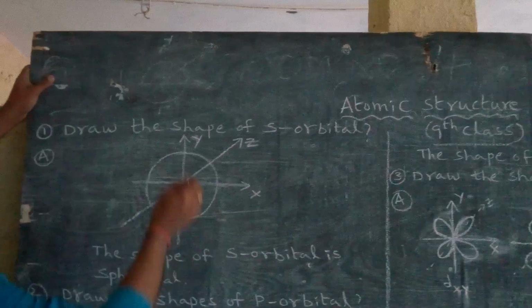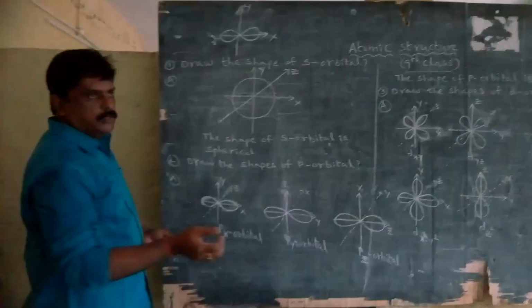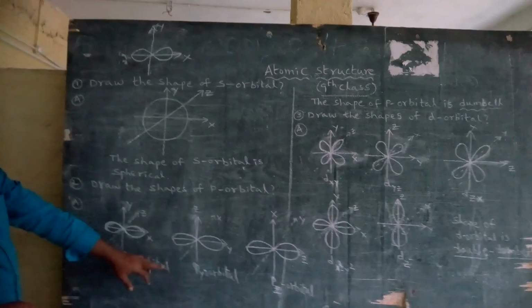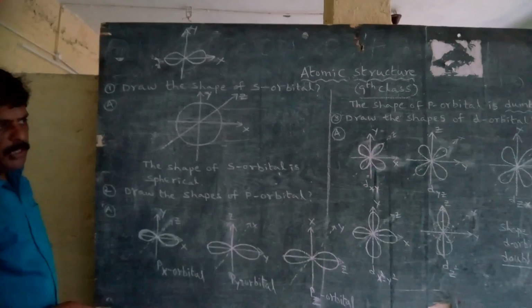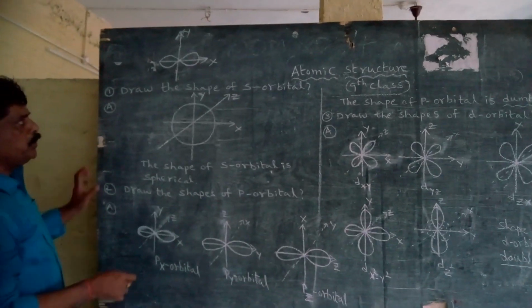You know that some athletes or persons do exercises with a dumbbell. So the p orbital is in the shape of a dumbbell.